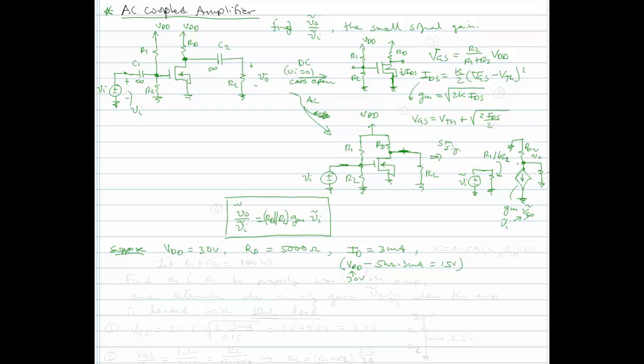Let's say that the MOSFET has a K of 0.15 amps per volt squared and a threshold voltage of 2 volts.